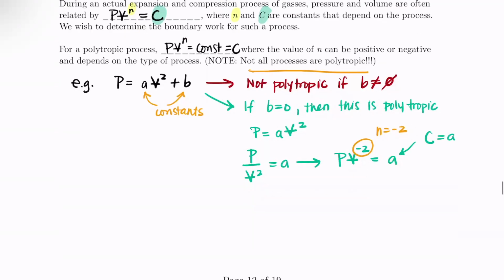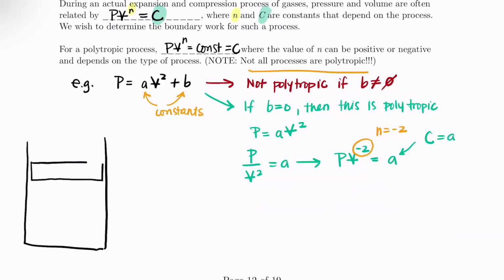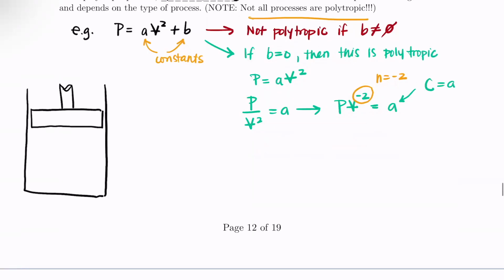All right, so if we have a system where we have a cylinder and a piston, this is our piston cylinder system, and this is a gas in here. In this gas, we have that pressure times the volume raised to the n power is equal to C, which is a constant.